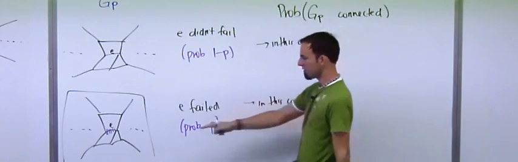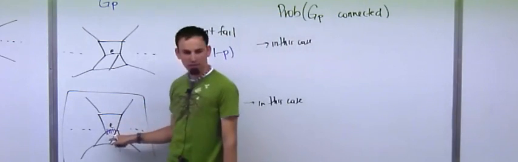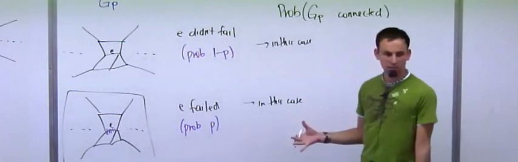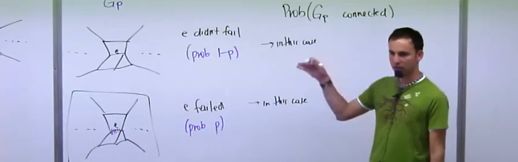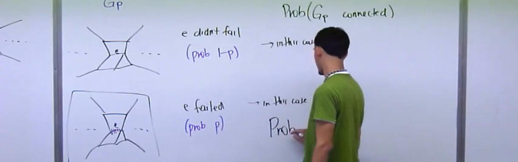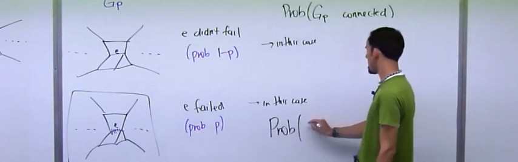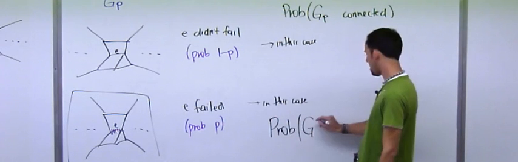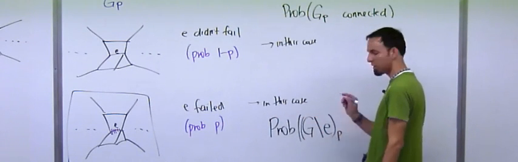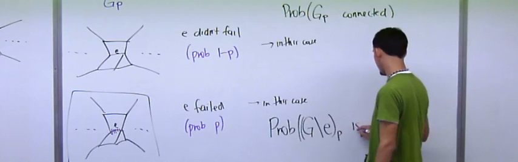But like we said, in this case, what happened is that edge E is not there. You can't use it. And so it's up to the remaining edges to find a path, a connecting path. So the probability here is the probability that if I take the graph without the edge E, and then I delete edges with probability P, I get a connected graph.